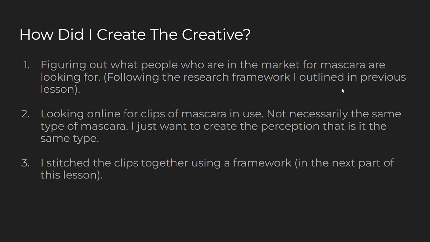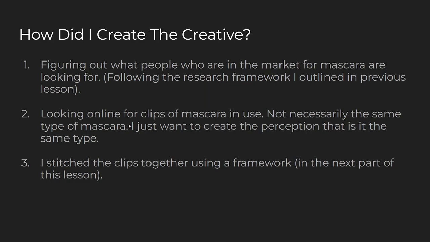And how did I create the creative? So first, I researched what people are looking for. I watched the YouTube videos. I would read the comments, see the parts of the videos that people are talking about the most. And in this case, a mascara: close-ups of mascaras, before and afters, authority figures using it on their thin lashes, talking about how it lasts all day, showing it's waterproof, showing it doesn't smudge, right?